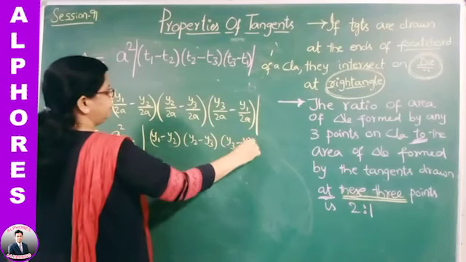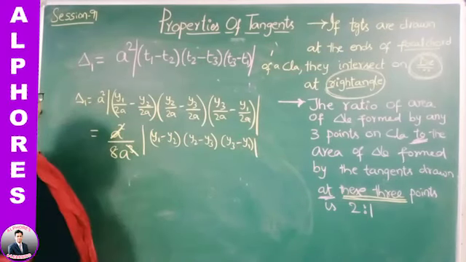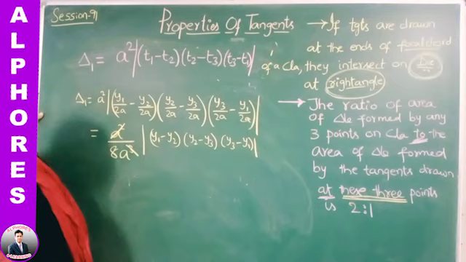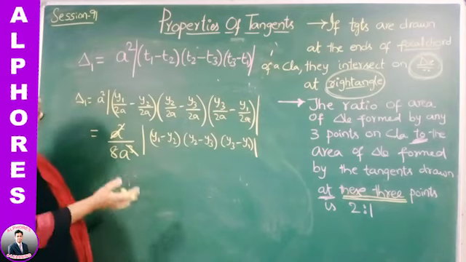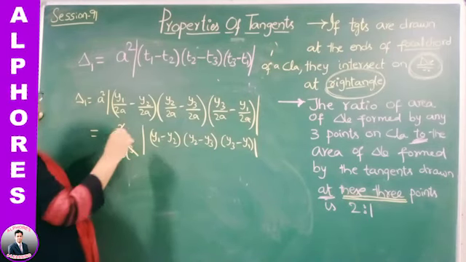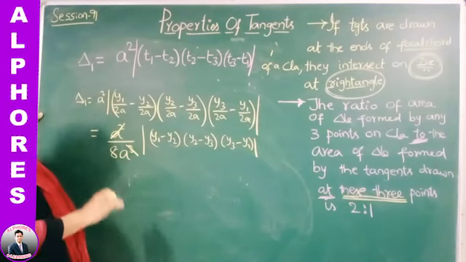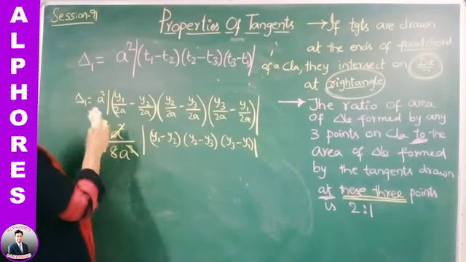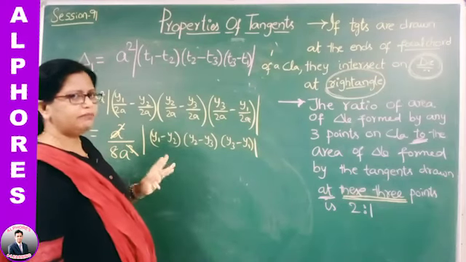Then if I cancel this a squared, this is another kind of formula for the area of a triangle formed by any 3 points x1, y1, x2, y2, x3, y3 on the parabola y squared equal to 4ax. So this also you can make use of. Understood? So now we have done the area of the triangle formed by 3 points on the parabola.